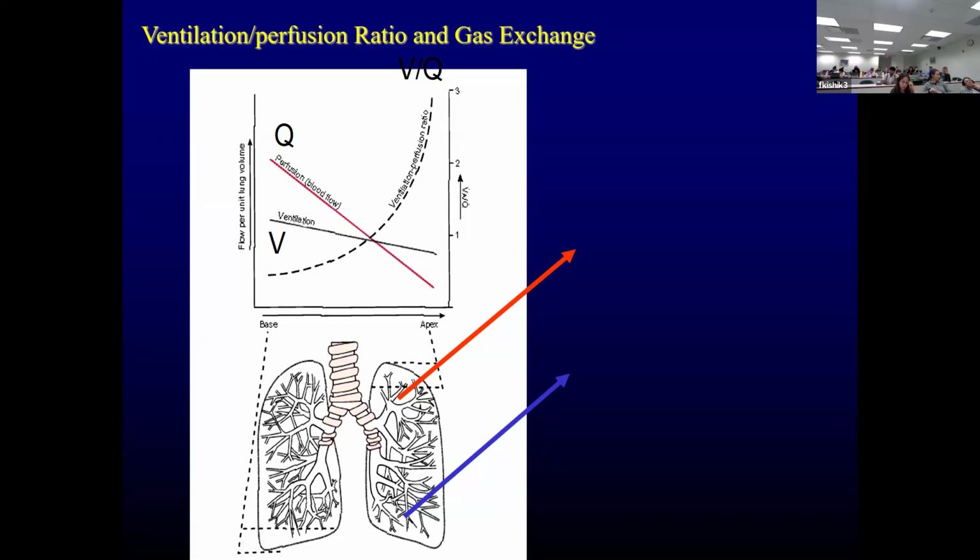So there is relatively more air at the apex compared to perfusion, and relatively less air at the base compared to perfusion. Does that make sense? So why is this important? Diseases that we inhale are more common at the apex of the lung.